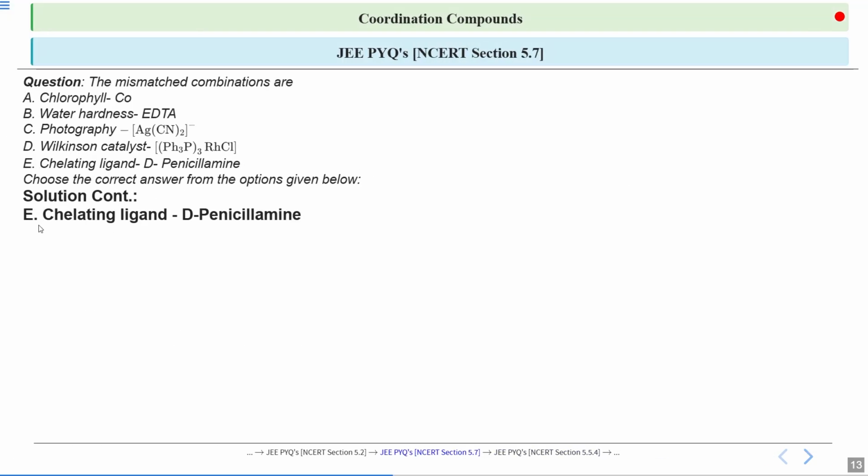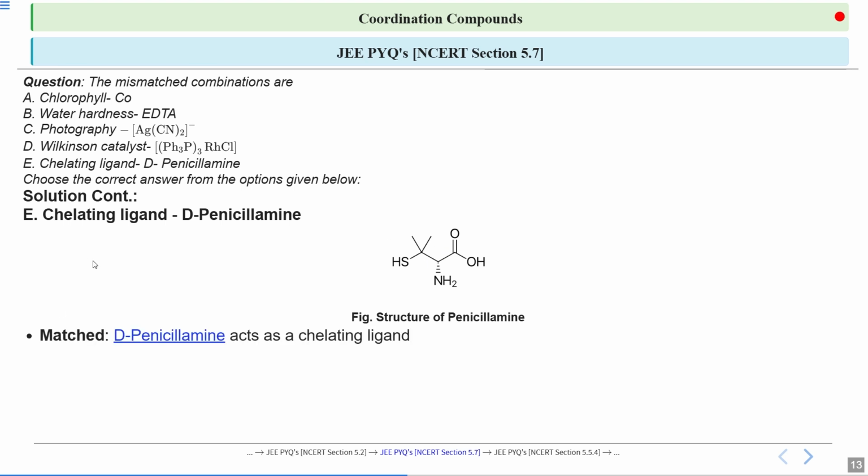So finally, let's see the E. It is a chelating ligand, given as a match with D-penicillamine. This is the structure of penicillamine, where we have the COOH group, the NH2 group, and the SH group, connected with the C, and 2 methyls are also there. So this is a matched combination. Why?